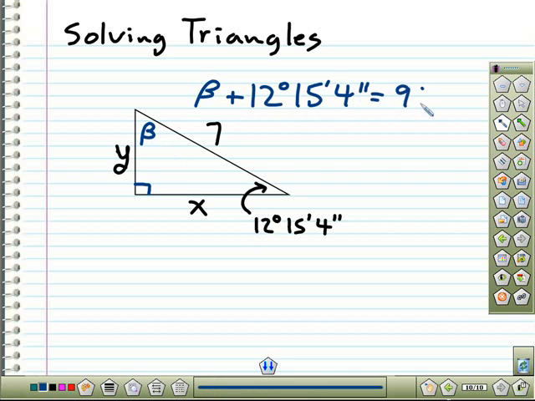Just subtract this from 90, like Jordan said.